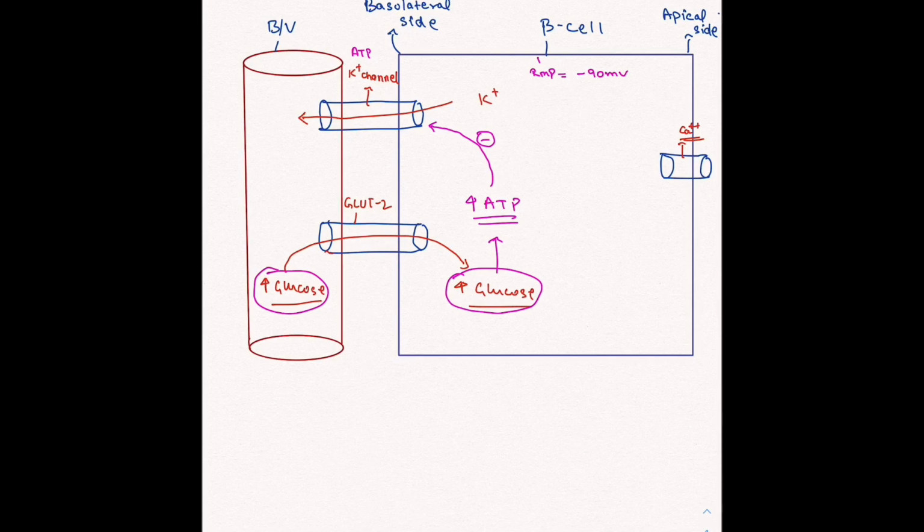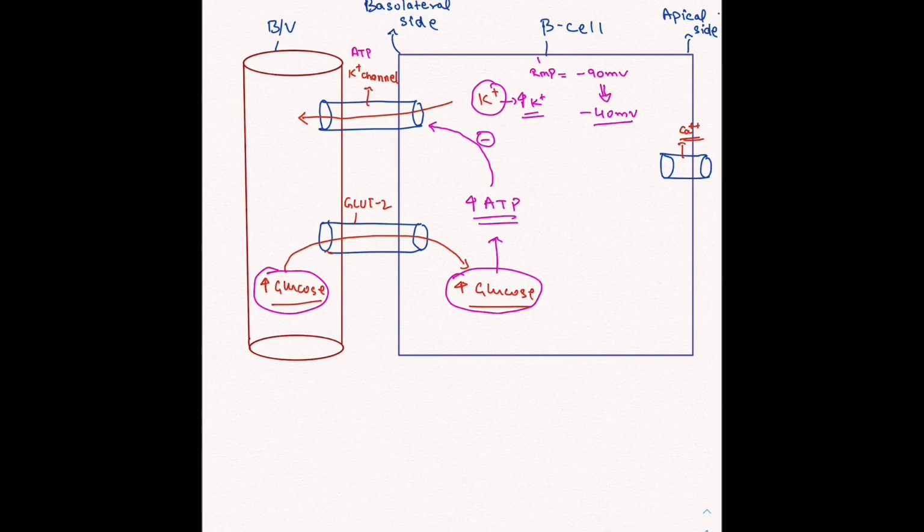When the ATP level is low, it will keep on working. When the ATP level increases, it will inhibit this channel. So when the potassium channel gets inhibited, potassium ions increase in the beta cell. There will be more positive charge, which will bring the membrane potential to minus 40 millivolt.